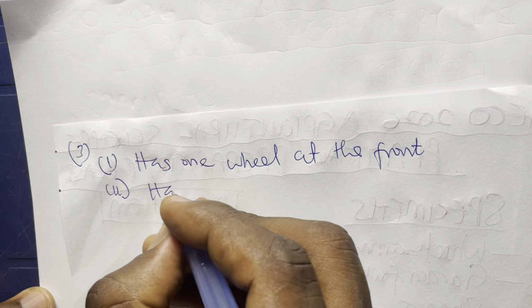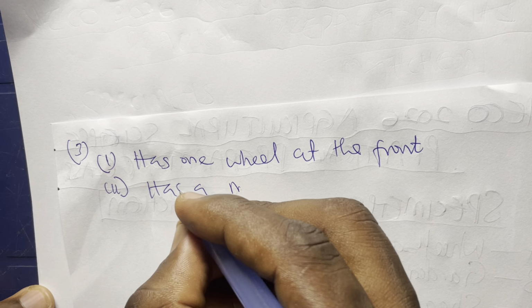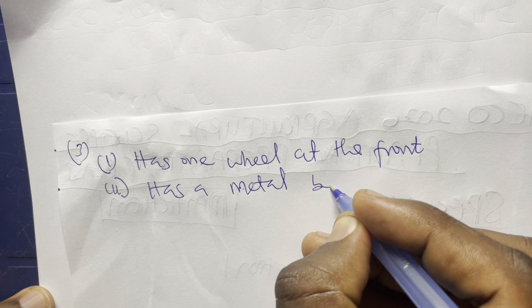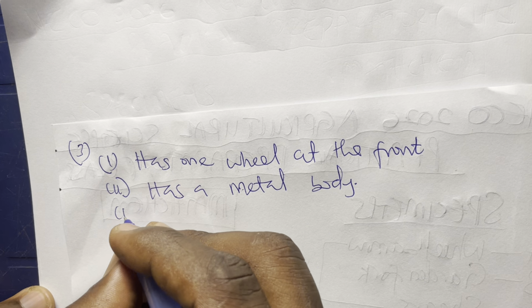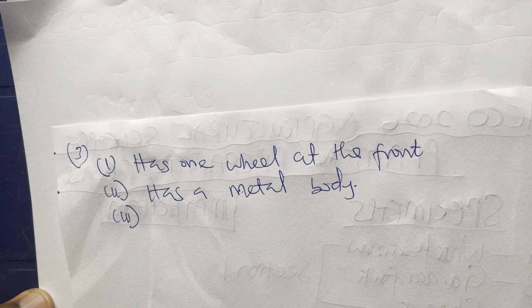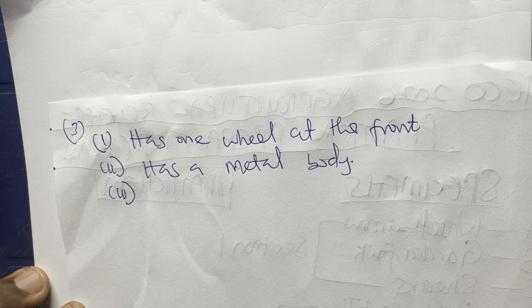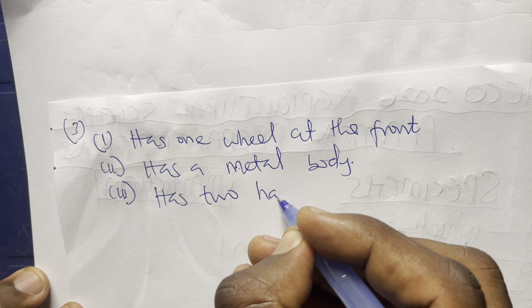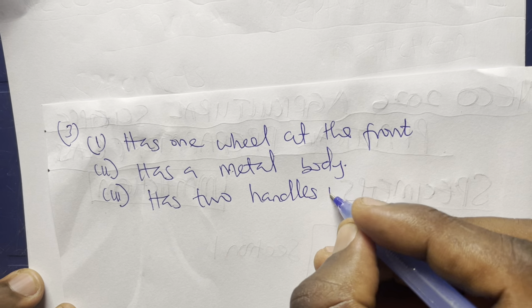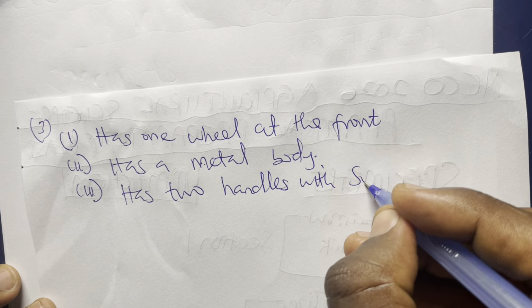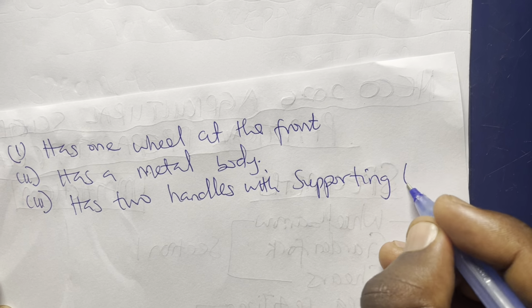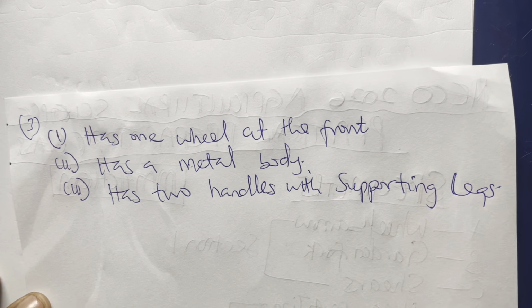Another one is that it has a metal body. So another physical feature of specimen A is that it has 2 handles with supporting legs. I hope you are jotting this thing down. With supporting legs. So that's it.